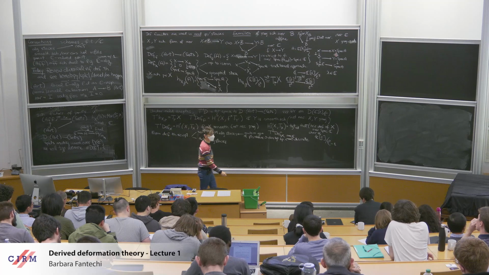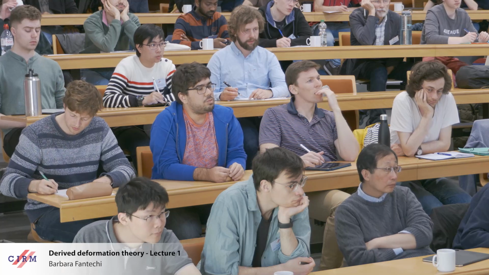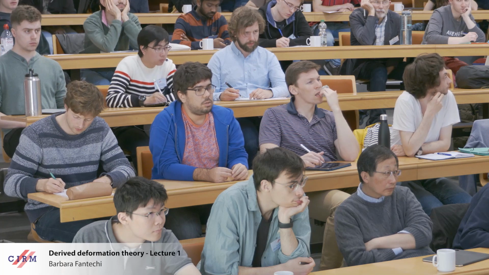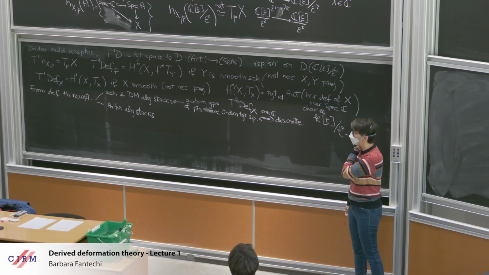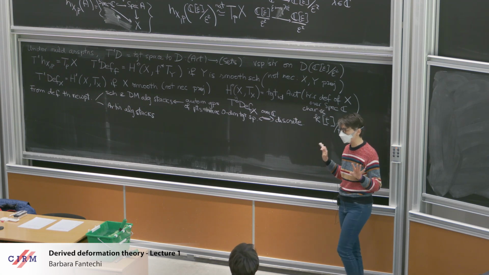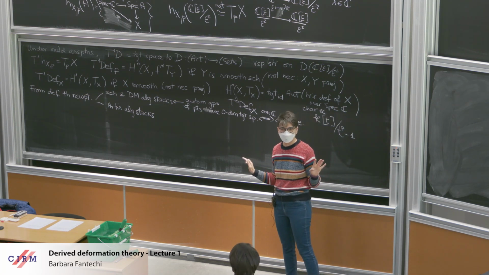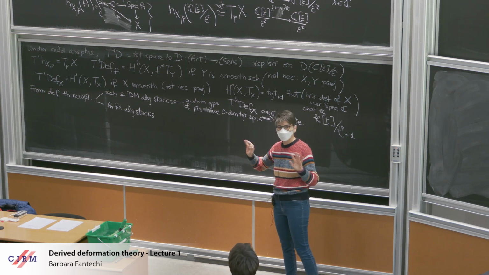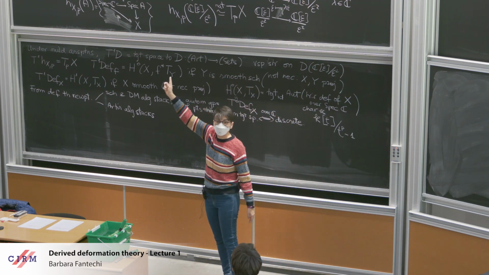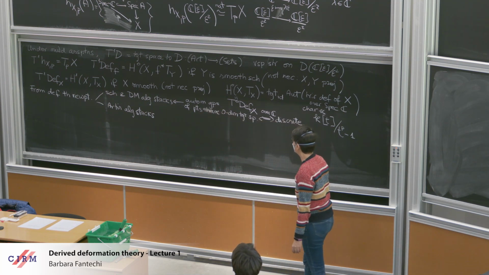Okay, and so here the first tangent is really the cohomology because you are working up to isomorphism. Yes, I really want to work up to isomorphism to have this defined. But it turns out that once you work only with tangent spaces, working up to isomorphism is fine. It's not a problem.